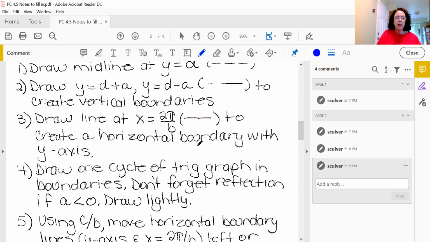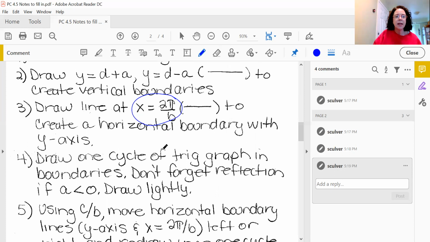I start my cycle at the y-axis where x equals 0. Then I draw a vertical line at x equals 2 pi over B, showing one period where I will make my cycle end. Now I have horizontal and vertical boundaries, and I draw my graph in there.